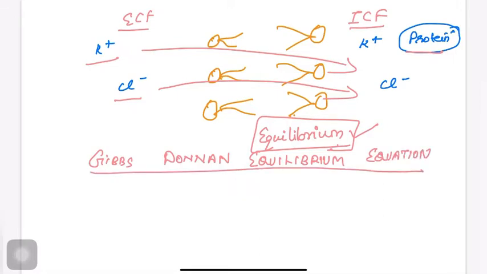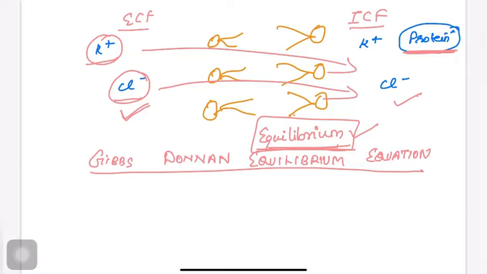It states that due to the presence of a non-diffusible ion, the diffusible ions will distribute themselves so that at equilibrium, the product of the concentration of ions on both sides will be equal.